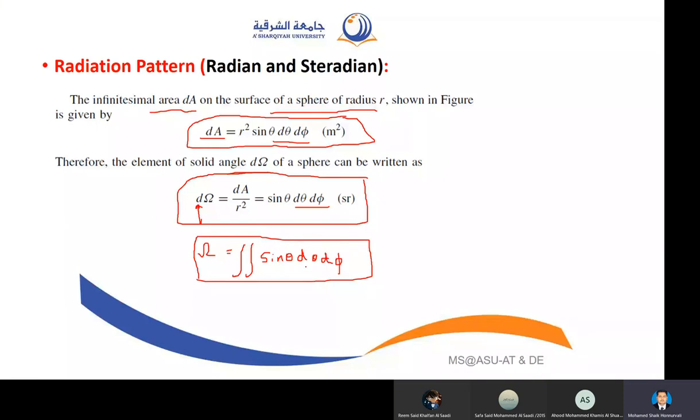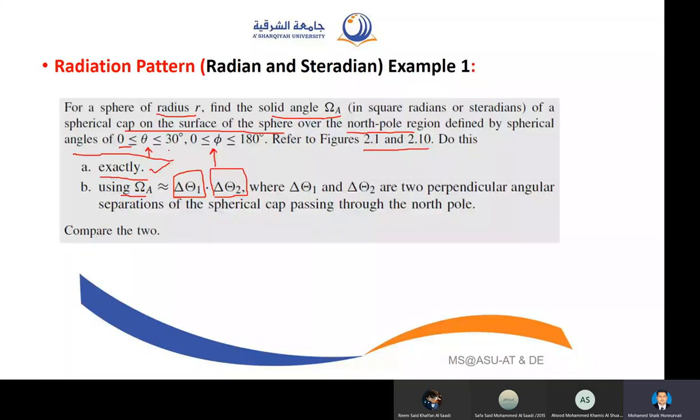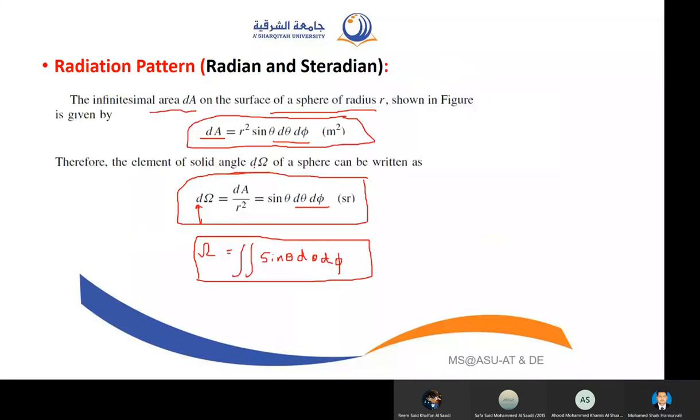Now the limits of θ and φ are given in the question. The limits of θ are from 0 to 30, and for φ from 0 to 180 degrees. So if you solve this equation, you should get the solid angle in the exact manner.